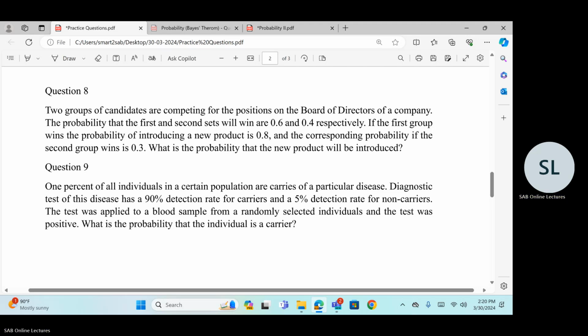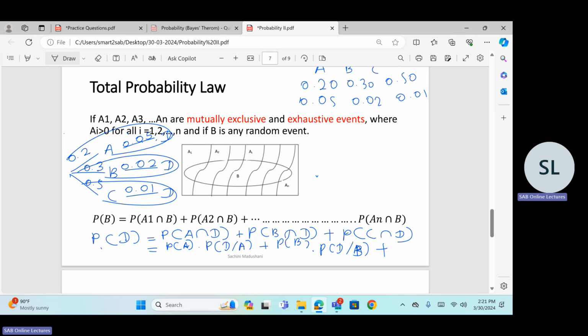Okay, what is the ask from the question? In here, the question asks the probability of the common event, then we can use the total probability law. Understood? Clear the total probability law?